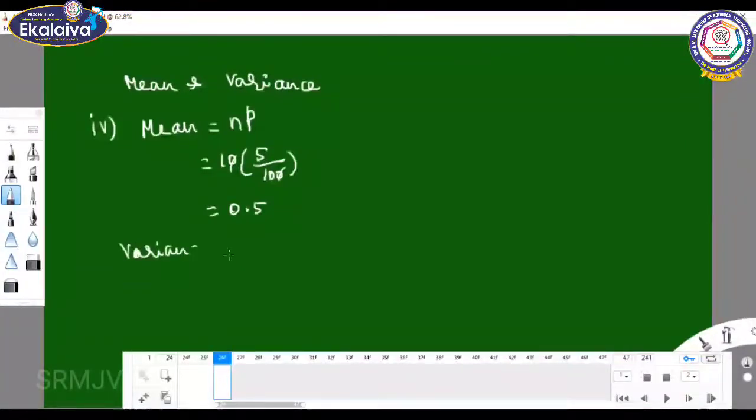Variance equal to NPQ. So 10 into the p value 0.05 and the q value 0.95. You multiply all the values, you get 0.475.